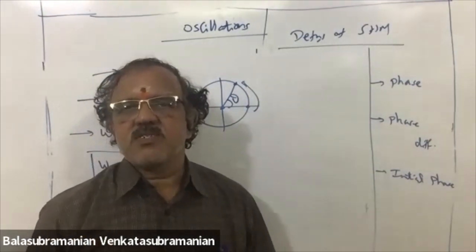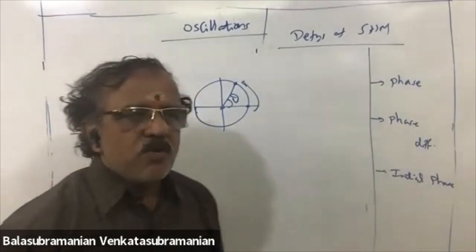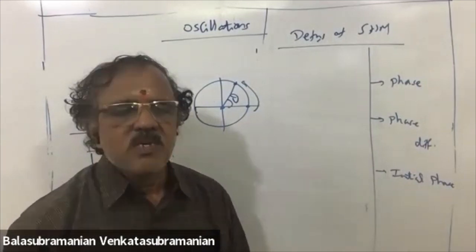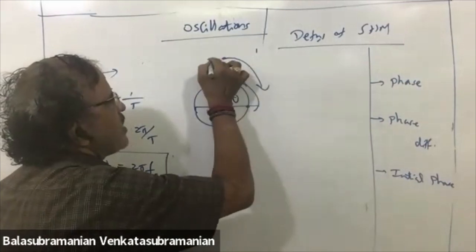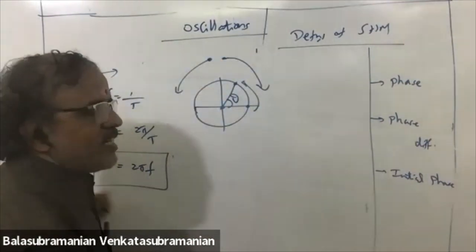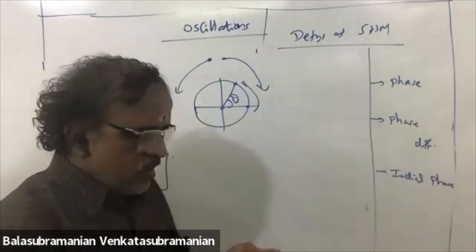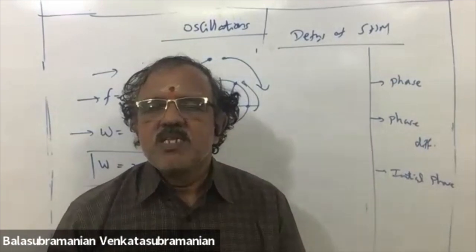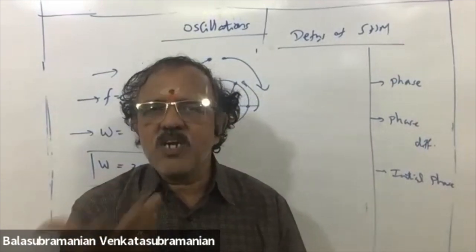Phase difference. Phase difference means you have to consider two particles. Consider one particle moving in clockwise direction, another particle moving in anti-clockwise direction. So clockwise, anti-clockwise. The phase difference is 180 degree. That means out of phase.